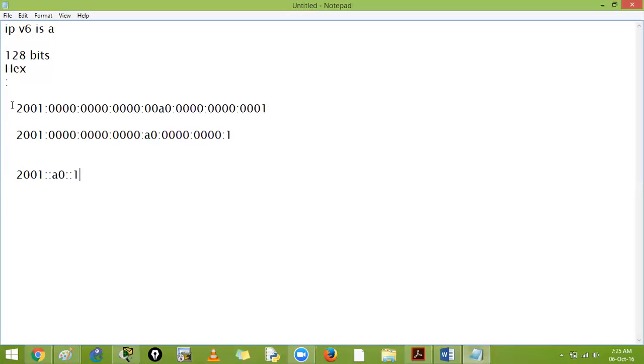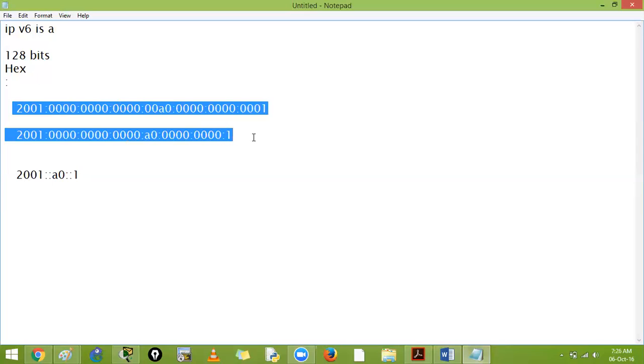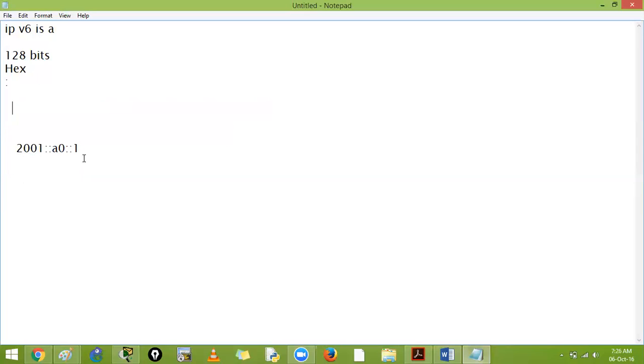Because if I don't show you these numbers, and I write it like this, and I tell you to tell me what this address exactly is, there are 8 hextets. Do you see 2001:0000:0000:A0:0000:0000:0000:000?